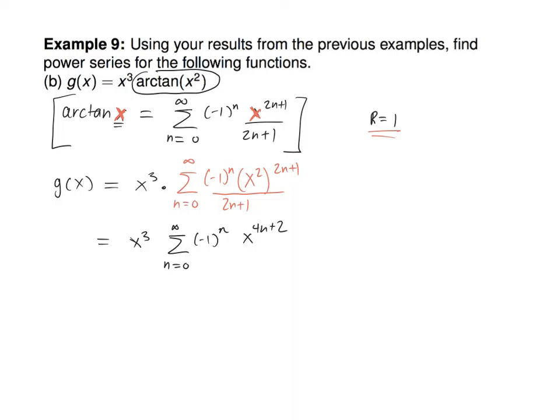Those exponents multiply, right? Yes. Okay. And then when you bring in the x cubed, what happens to the exponents? They add. So it's negative 1 to the n, x to the 4n plus 5.